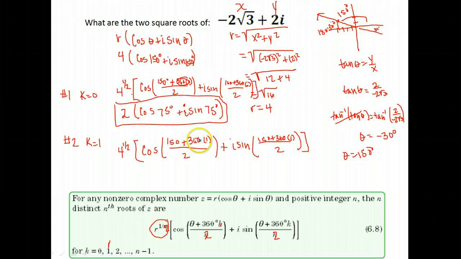Okay, so let's find what angle we're working with. 360 times 1 is 360, plus 150 is 510, and then we divide by 2, giving us 255. So here, 4 to the 1/2 power, that means the square root of 4 is 2, times the cosine of our angle we just found, 255 degrees, plus i sine of the same angle, 255.